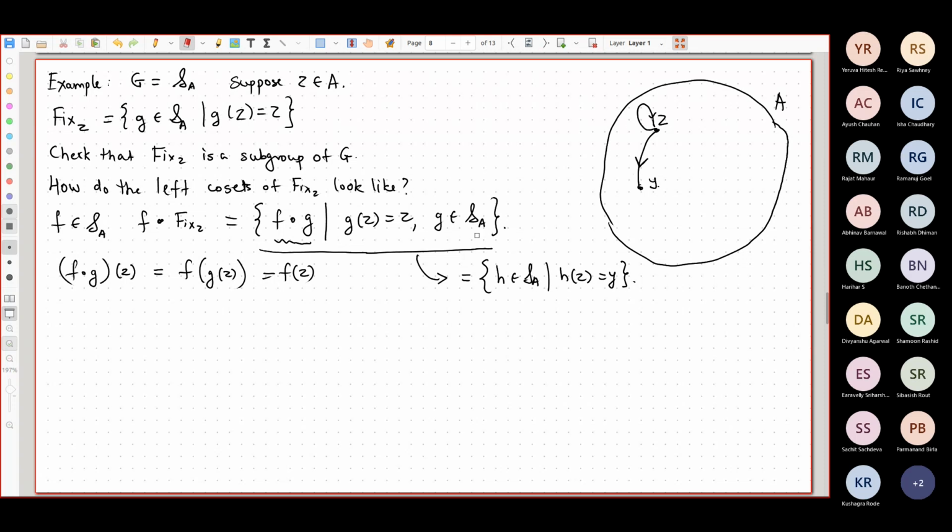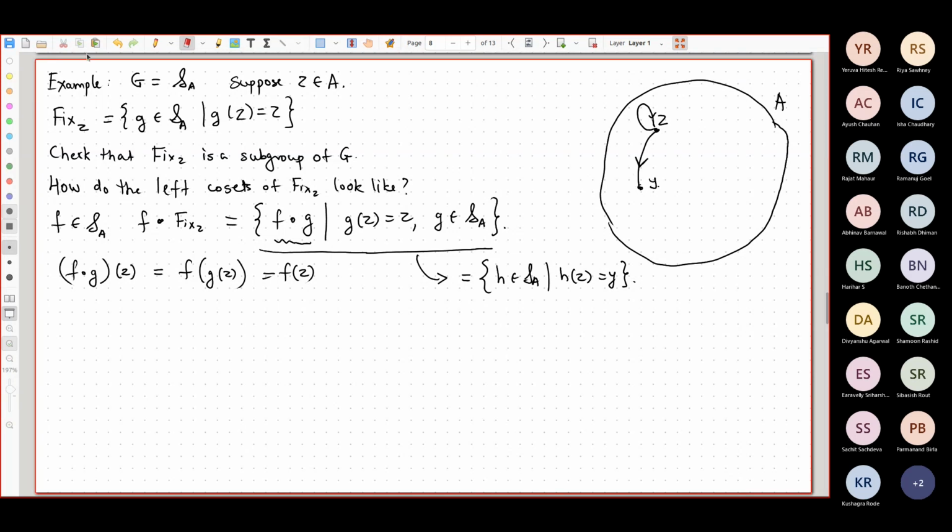Instead of that, look at all bijections which map Z to Y. What is the relation of this set with fix Z? Every element of this set is going to be of the form F composed with some element of fix Z, where F is any fixed bijection which maps Z to Y.